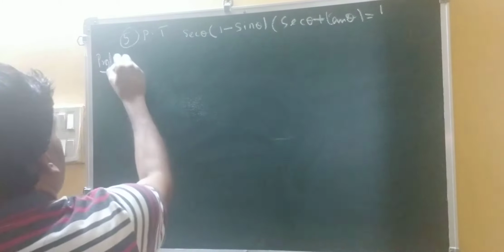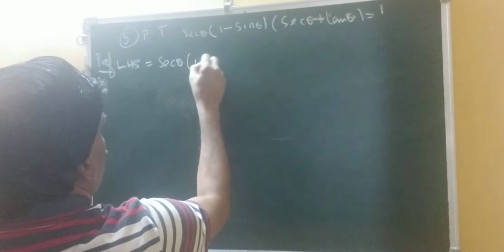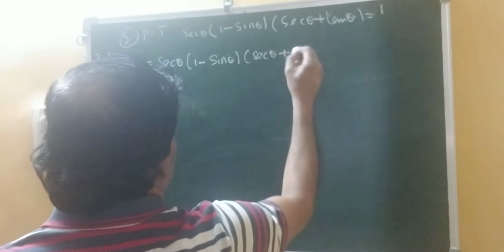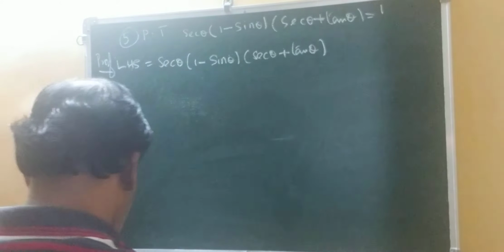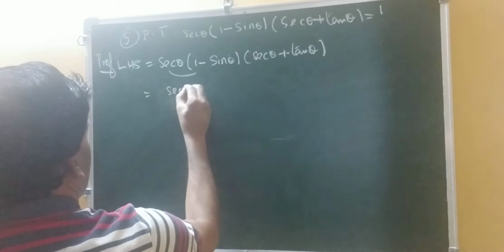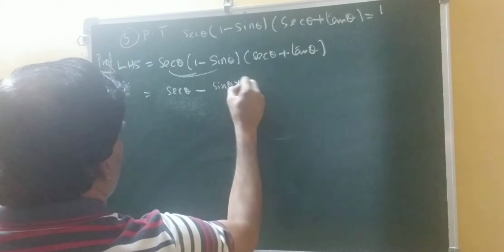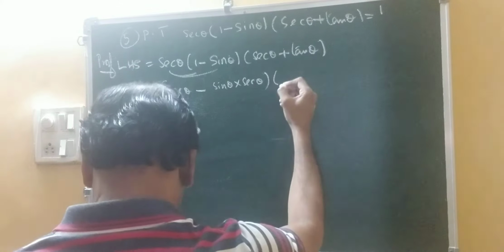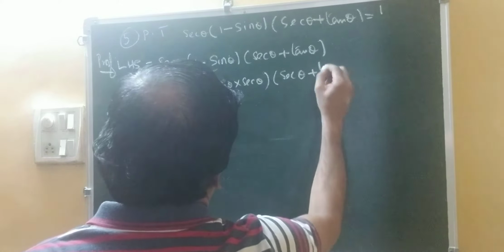So we will take left hand side equal to sec theta into 1 minus sin theta into sec theta plus tan theta. Right? Now what we will do is, we will multiply this. So sec theta minus sin theta into sec theta. This we will write as it is. Sec theta plus tan theta.